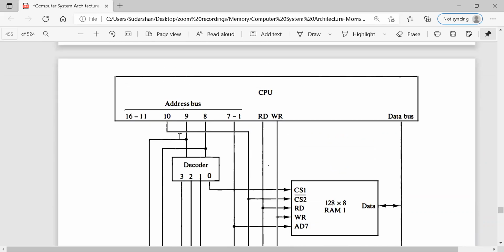Look at the 10th bit. The 10th bit is supplied here straight away.